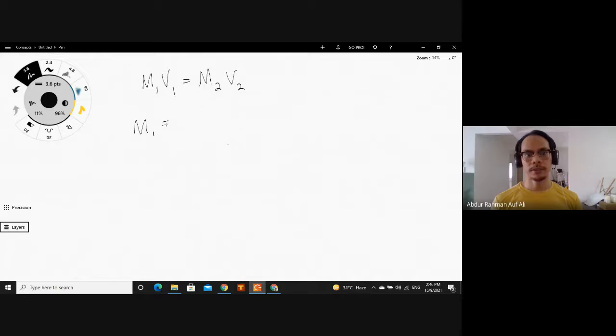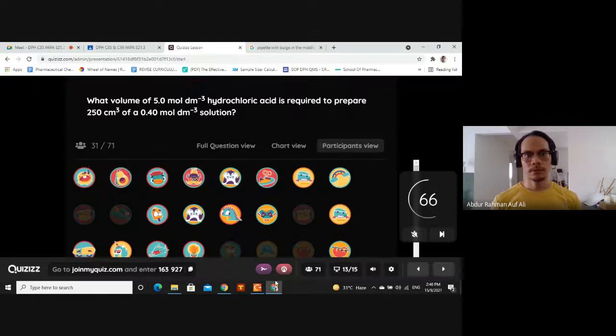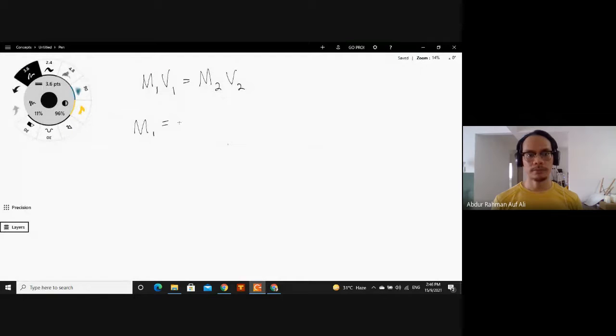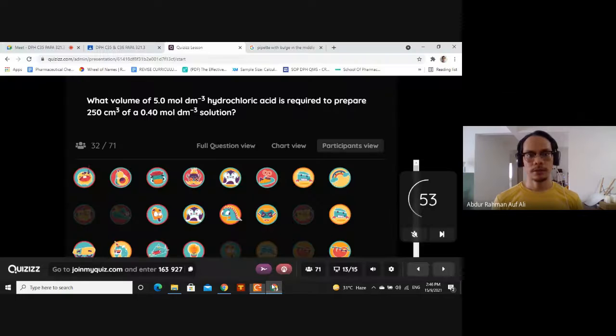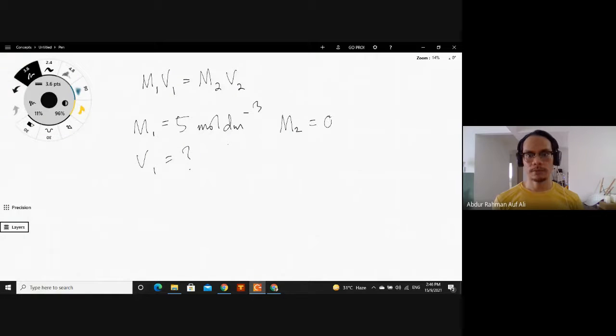M1 being 5 mole decimeter cubic. V1 disuruh kita cari what volume. M2 is 0.40 mole decimeter cubic. V2 is 250.